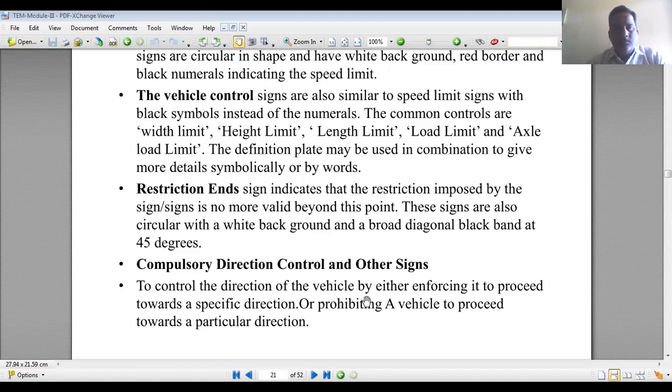So to control the direction of the vehicle by enforcing it to proceed in a particular direction, this type of signboard is used.